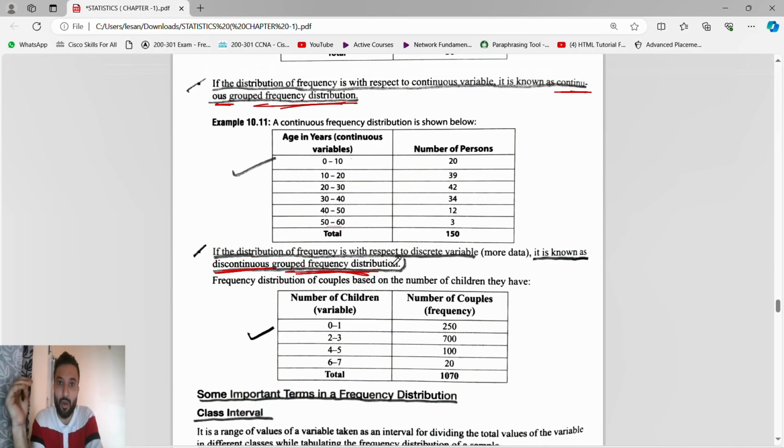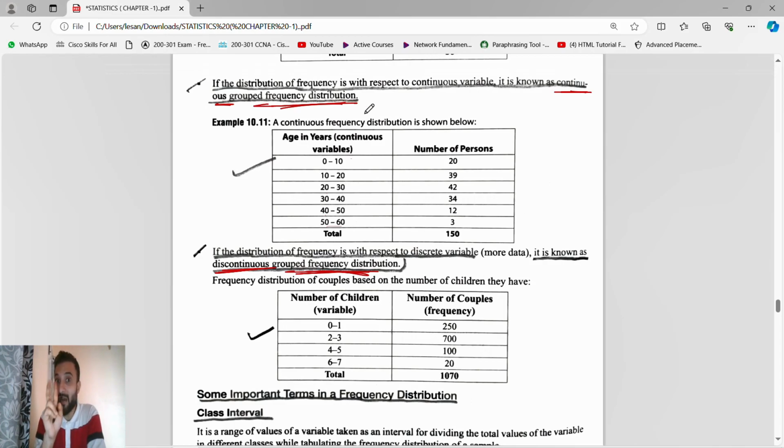If it is only observations, it is ungrouped. If it consists of class intervals and their frequency, like 0 to 10, 10 to 20, 20 to 30, then it is grouped.